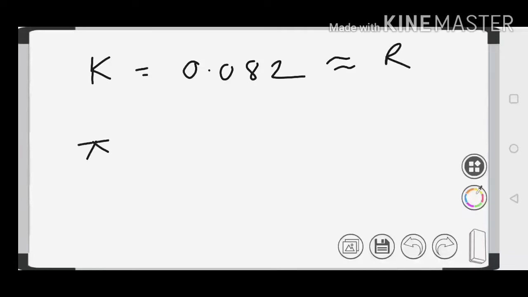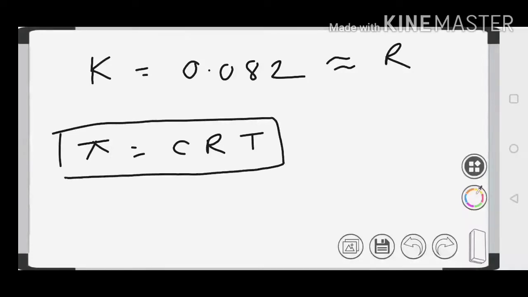Now if we calculate the value of K at different concentrations and temperatures, it is found to be 0.082 liter atmosphere per degree per mole, which is almost equal to the value of R, the molar gas constant. So we write that pi is equal to C into R into T, and this equation is the mathematical expression of osmotic pressure.